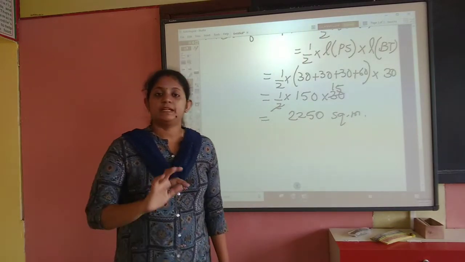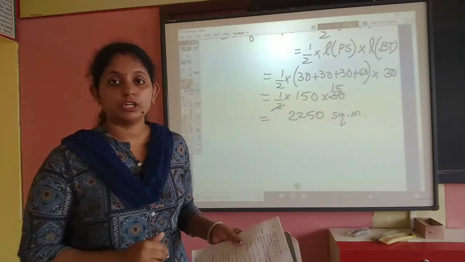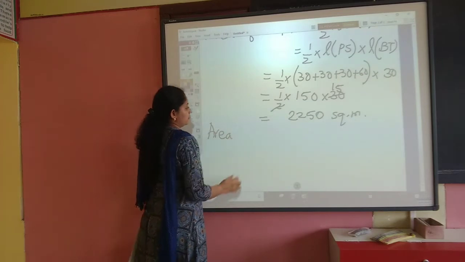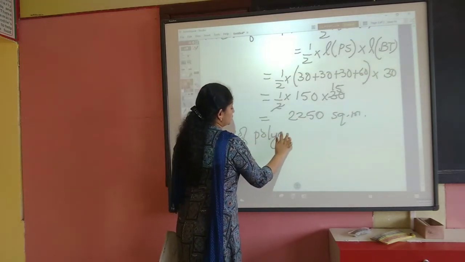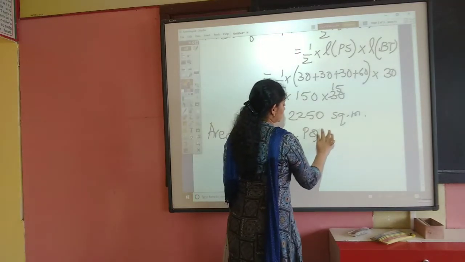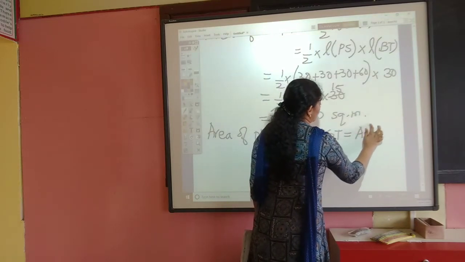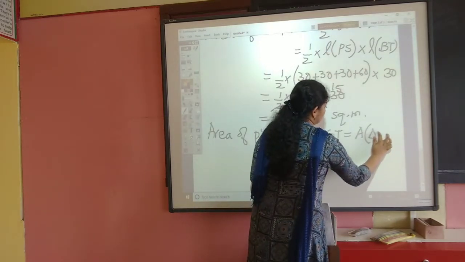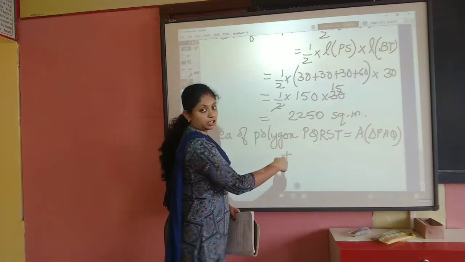We have found out separately all the areas. Now what is asked, we have to find out the area of this plot. So what you are going to write? And this plot is a polygon. Area of polygon. Name that PQRST is equal to, you are going to add all the areas of other shapes. Area of triangle PAQ plus, I am writing it here below, students.